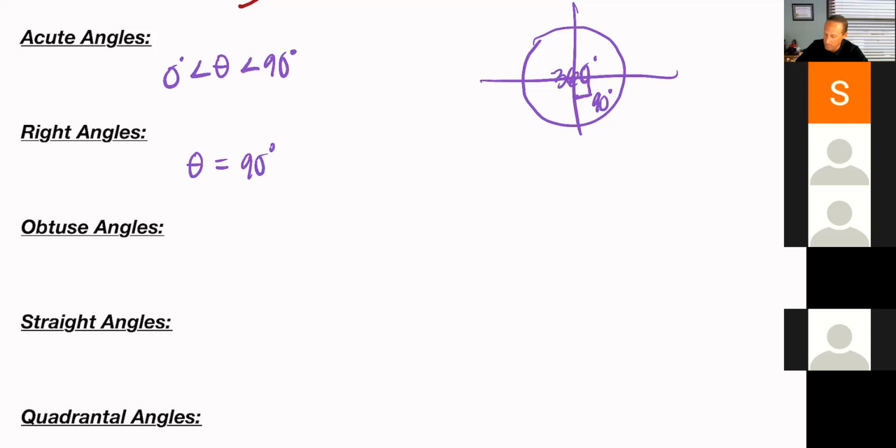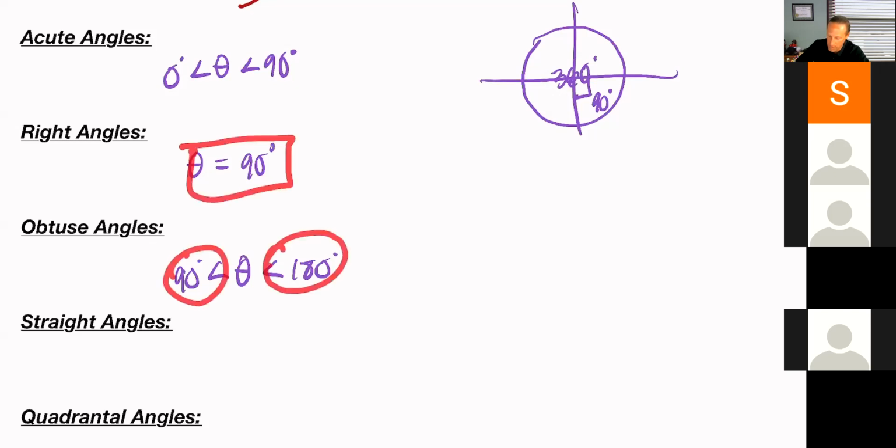So then what about obtuse? If we're going from here to here, that's acute. That's a 90. We're going to keep going. 180. Very good. And we will say any angle that is less than 180, but greater than 90. And notice it's strictly. It does not include the 90 or the 180 because we already included the 90 here. It's called a right angle.